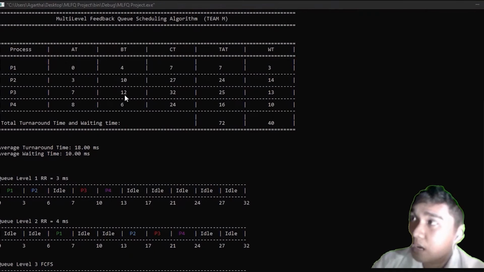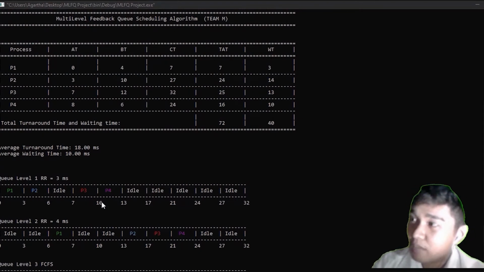Since P3 has a burst time of 12, 12 minus the quantum time of 3 milliseconds, P3 has 9 milliseconds burst time remaining. And P3 will shift into queue level 2.